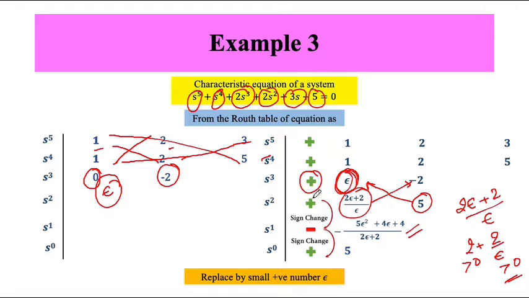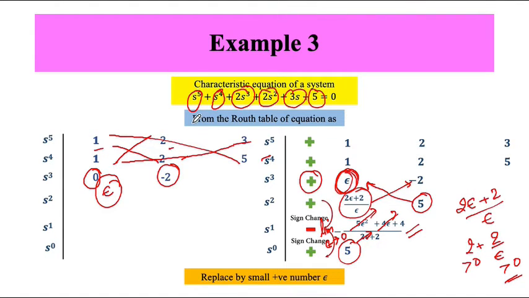So this is a positive number. Now another term: if I take the limit as epsilon approaches 0, this will be 0, this will be 0, this will be 0. So this will be minus 4 by 2, which is minus 2, a negative sign.